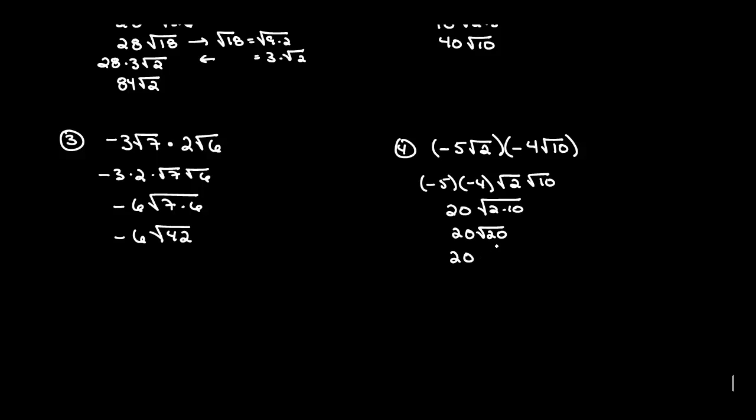And we can take the square root of 20 and break that guy down into the square root of 4 times the square root of 5. And of course, the square root of 4 is 2. So we end up with 2 square roots of 5. So we'll take 20 and multiply that by 2 square roots of 5, which will give us 40 square roots of 5.